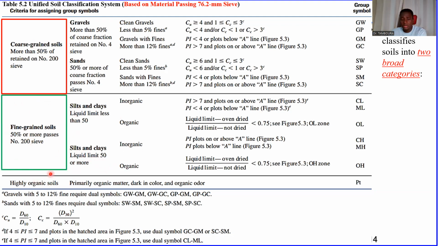The second part of this system classification is here. Fine-grained soil means clay and silt. This is when 50% or more passes the sieve number 200.